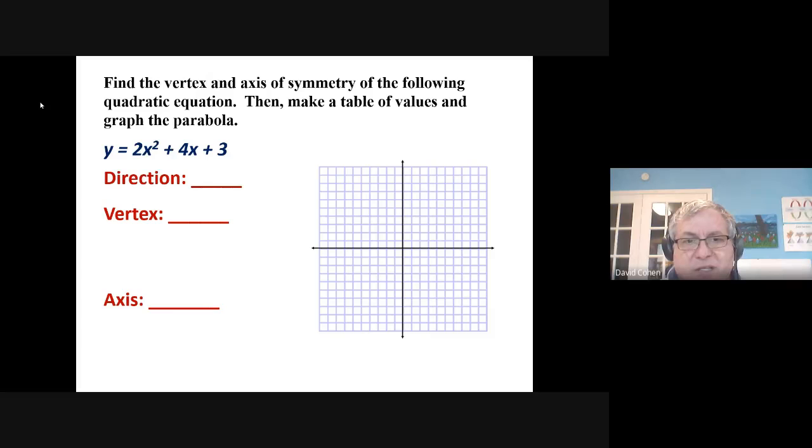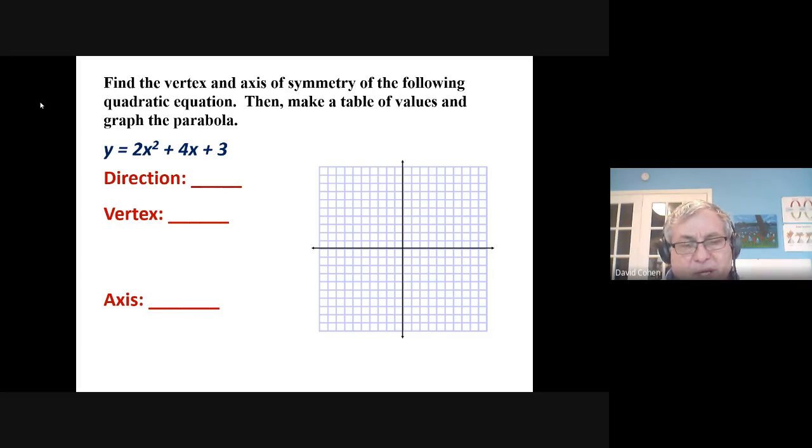So we're going to find the vertex and the axis of symmetry of the following quadratic equation, then make a table of values and graph the parabola. The direction is up. We would need to determine the vertex by using negative b over 2a. Well, negative 4 over 2 times 2 is negative 1. So our vertex would be at negative 1, and then we plug that value into the equation.